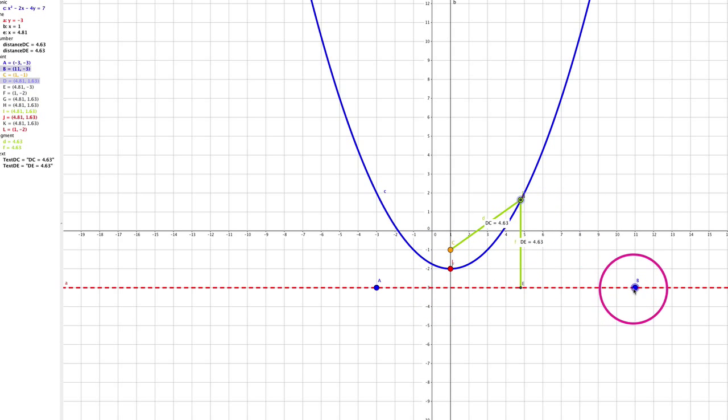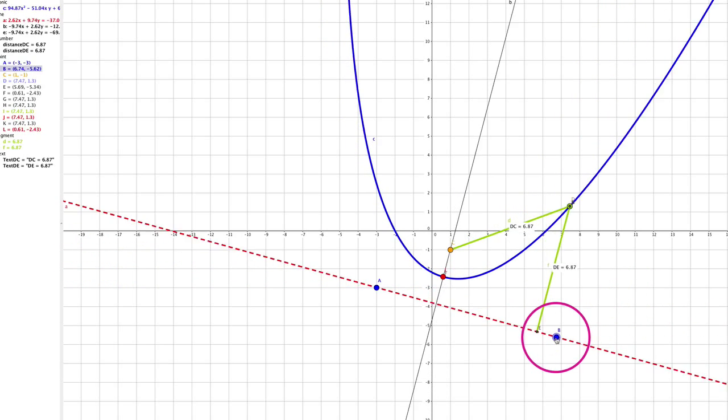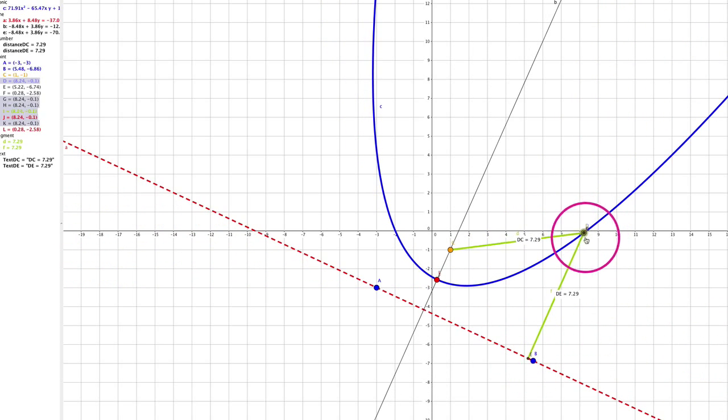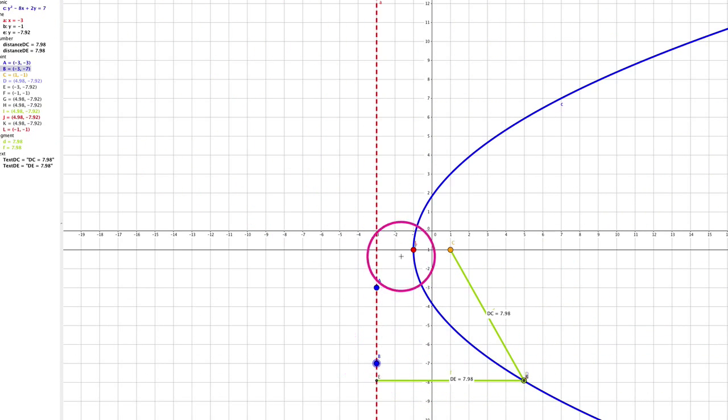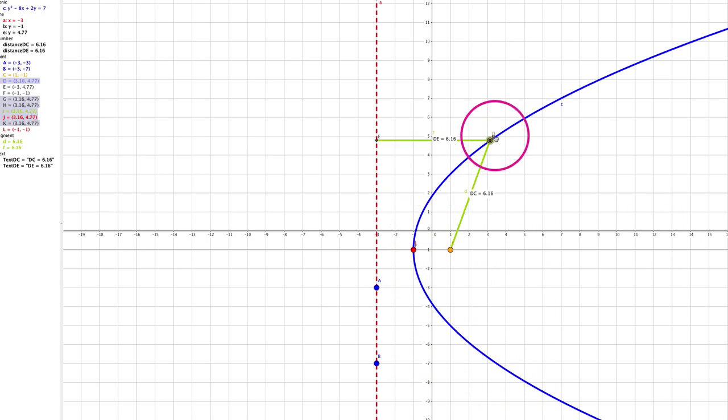If I were to change this directrix, it doesn't matter which direction we head. The axis of symmetry running through our vertex still runs through the middle of our parabola, and every point on the outside is still the same distance from the focus as it is to the directrix.